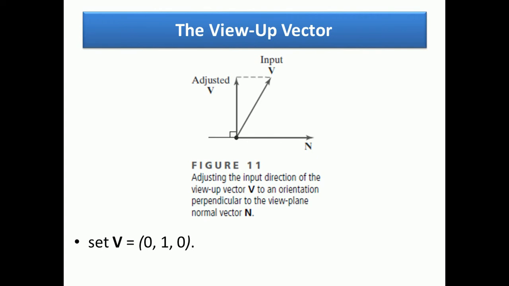A convenient choice is often a direction which is parallel to the world Yw axis. That is, we could set capital V as (0, 1, 0). So this is the position we are setting for capital V, so that capital V is perpendicular to capital N, right? That is what the view up vector is, a very important parameter.